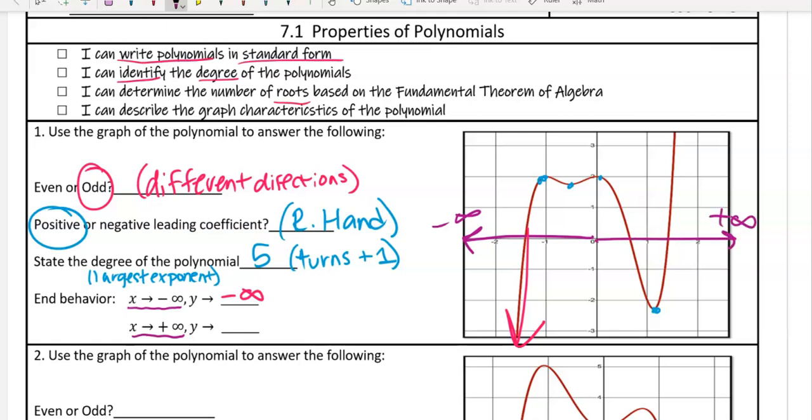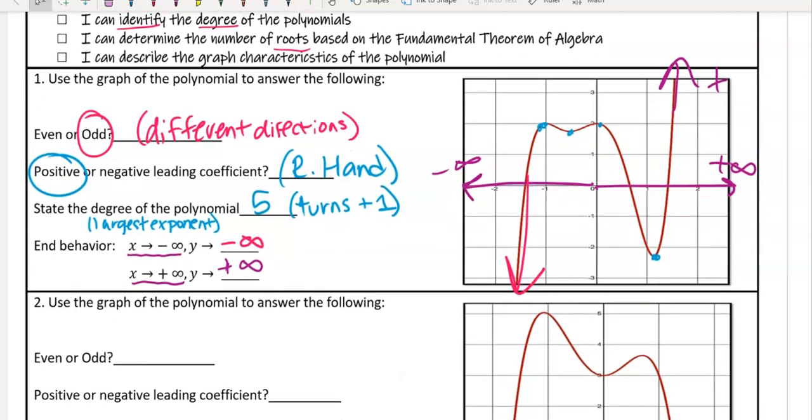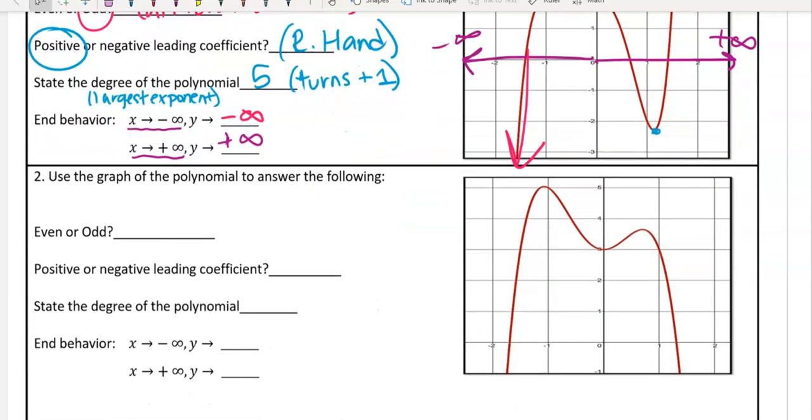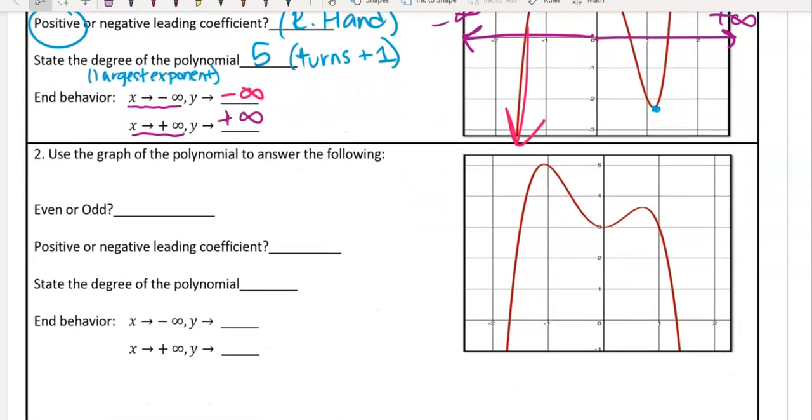Well, our graph is going up towards positive infinity. So make sure you read those because it sometimes will say negative infinity first, and I think some of my students don't read that one, and so they end up switching the positive and negative infinities.